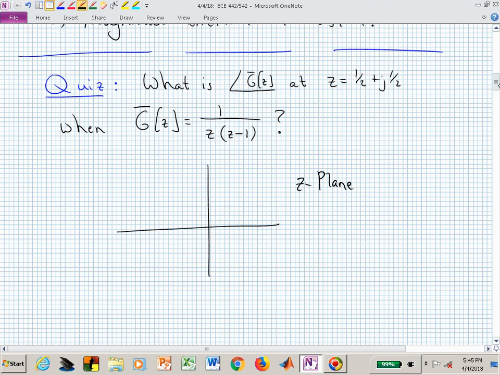And once we have the z-plane, we have the real line, or the real component of z, and the imaginary component of z. And what I'm hoping you might start doing is plotting immediately the poles and zeros on that z-plane.